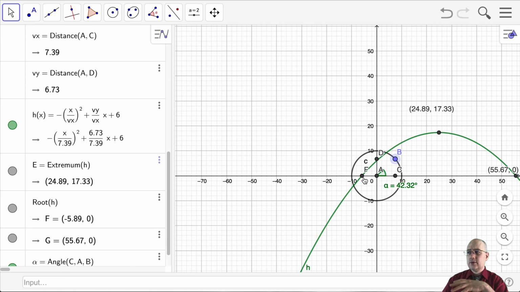And so this was just a way of sort of playing around with these parabolas.